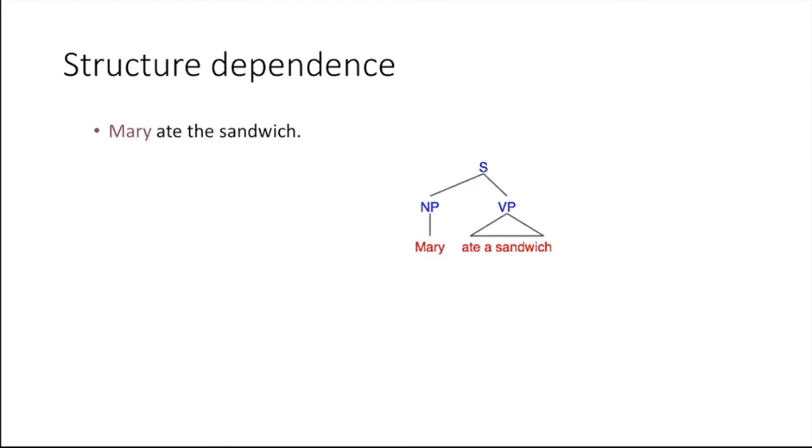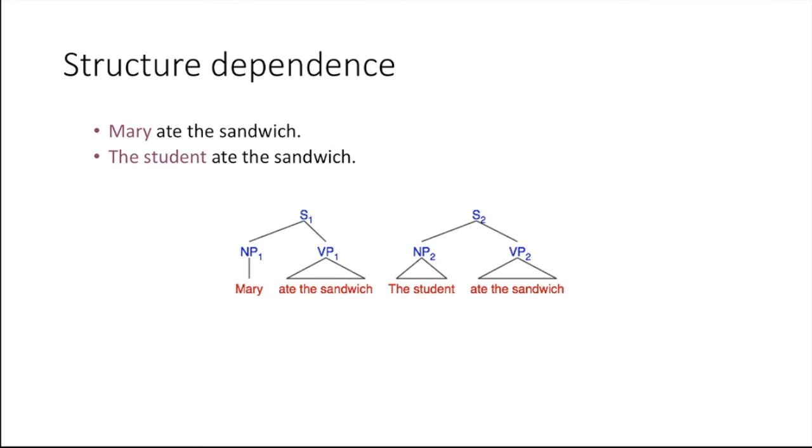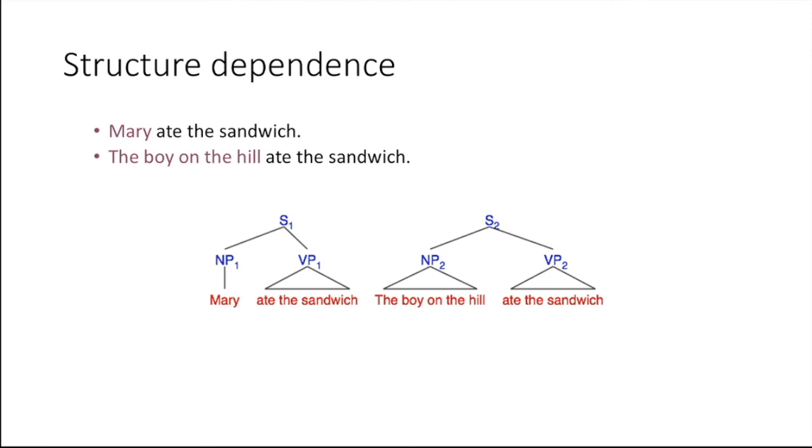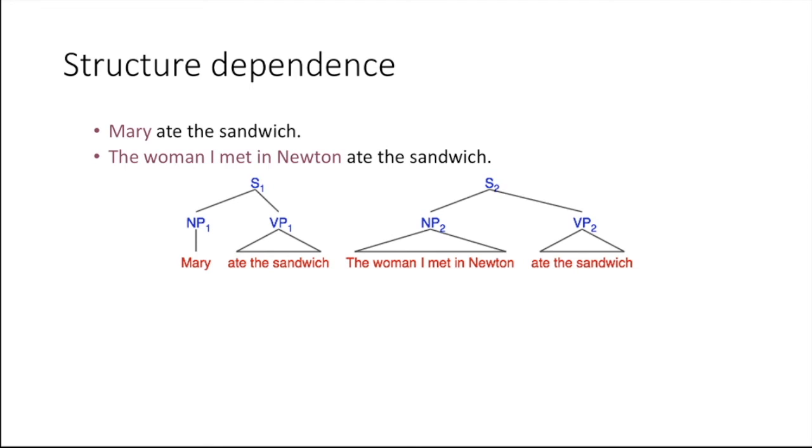So, Mary ate the sandwich. In that case, Mary can be substituted with the student. And that student is also going to be a subject noun phrase. It doesn't matter how long it gets or how big the phrase. The boy on the hill could also be a correct substitution. Or the woman I met in Newton.